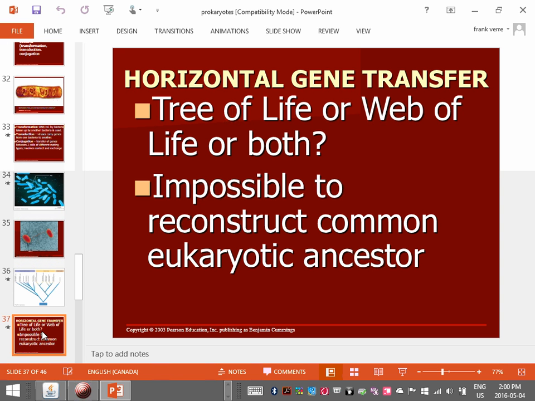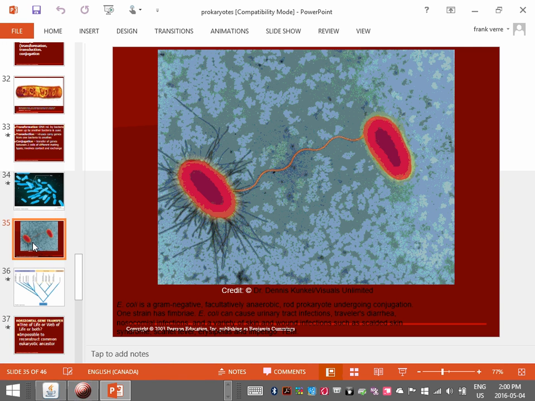Bacteria, it's very hard to do that because of one big, huge difference. We can't do this. You get your genes from your parents, who got their genes from their parents, who got their genes from their parents' parents. Bacteria can get genes from people that aren't their parents.